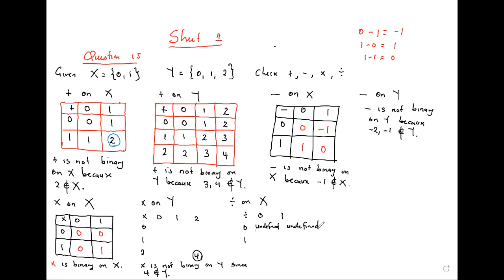Immediately you get 1 over 0 undefined, we can conclude to say division is not binary on X and on Y. Because even on Y we have the same thing: 2 over 0 undefined.